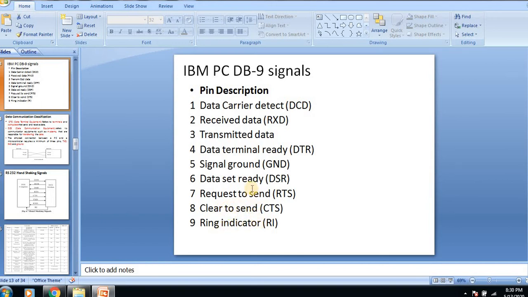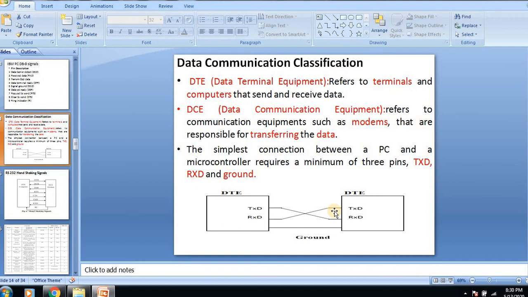Further on we will see the significance of all these signals. Before going through the significance of all the signals, first we will see what is meant by DTE and DCE, because except for these, the rest of the signals are handshake signals.